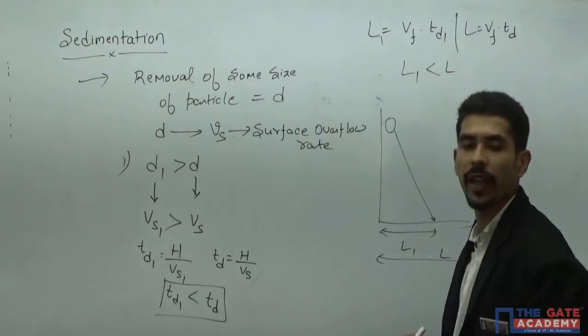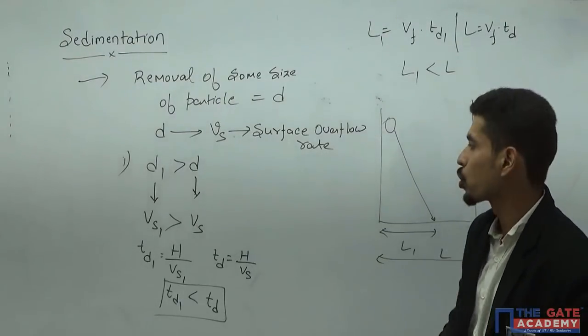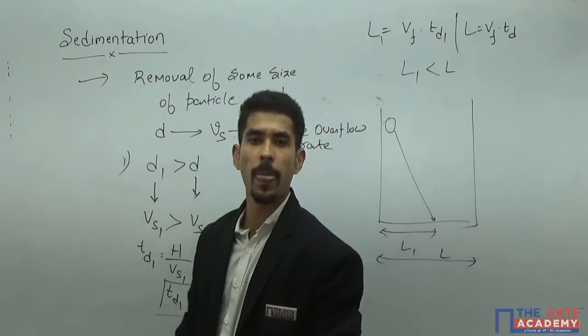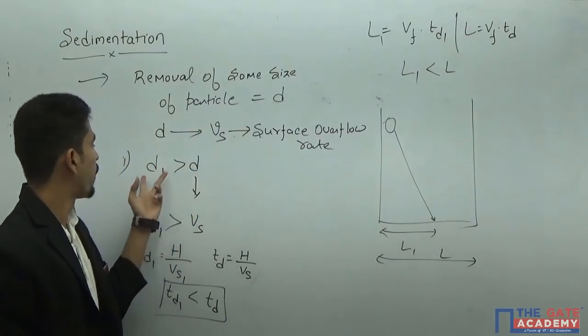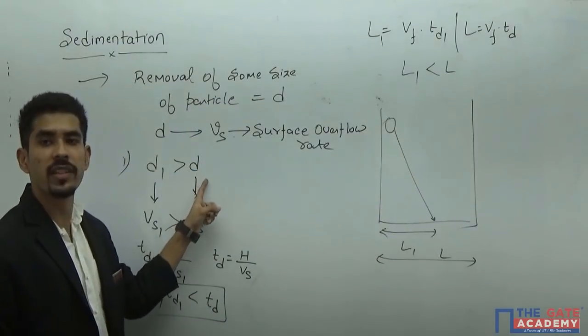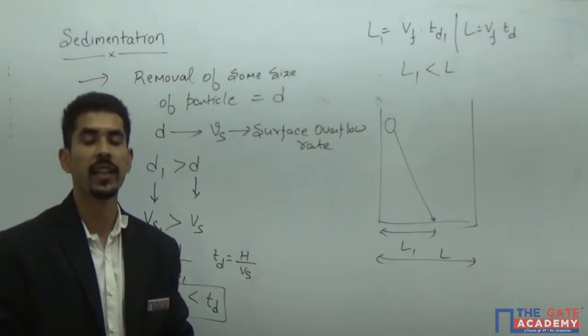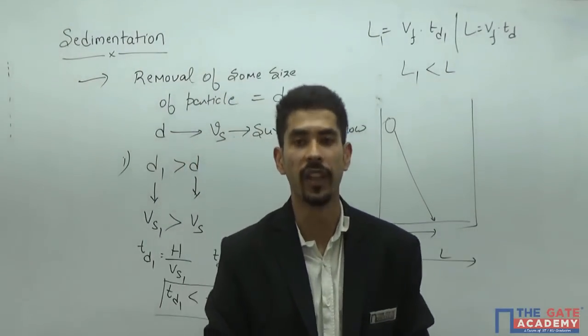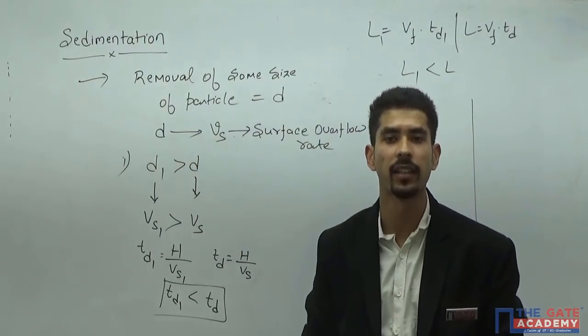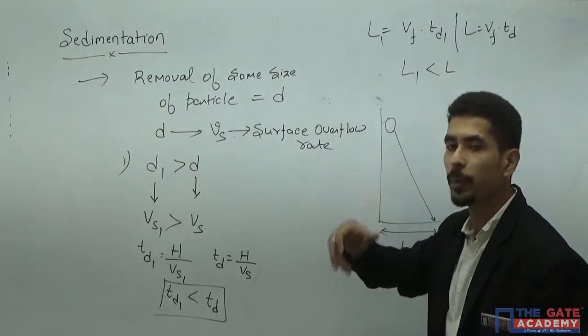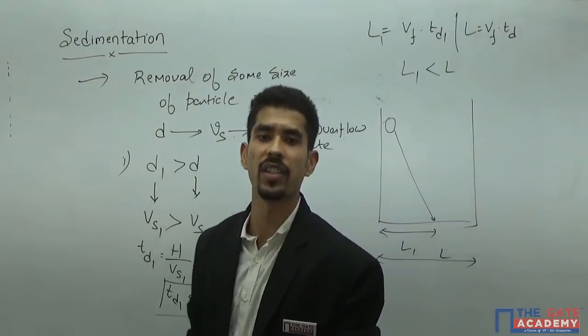They are not requiring the full length of the tank. So what I am trying to say is, if the diameter of particles is greater than your concerned size, then definitely they will be 100% removed in the sedimentation tank.